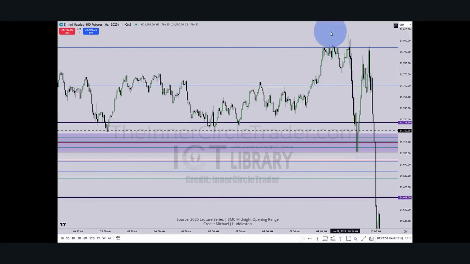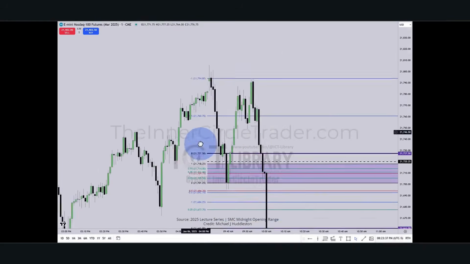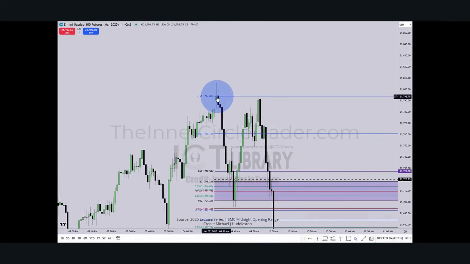Now, inside of this area here, I want to refer back to a reference point that's found in regular trading hours. I want you to look at this little area right here. That's the opening price and the difference between where we settled the previous day at regular trading hours.